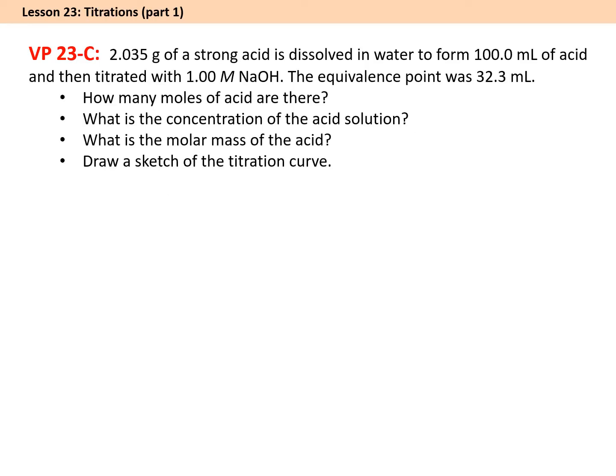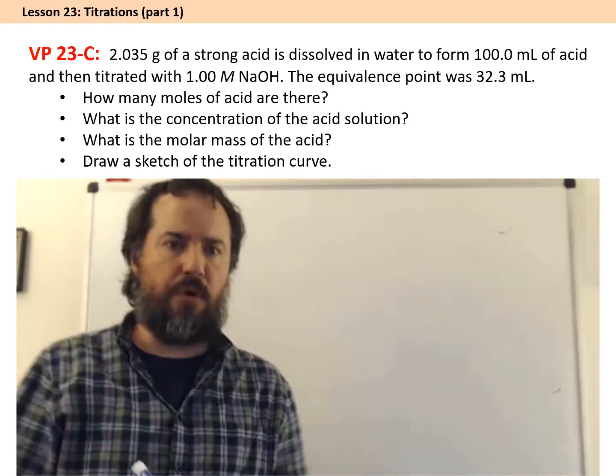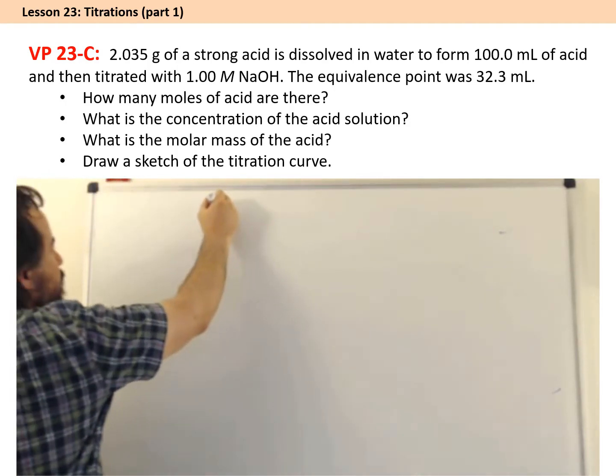Now let's go ahead and look at a titration curve, right? Remember, a titration curve is when I have an acid and a base coming together. Okay. All right, so we're told we have 2.035.